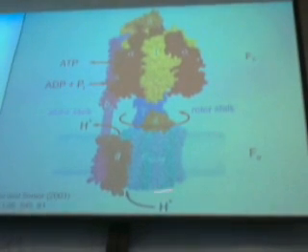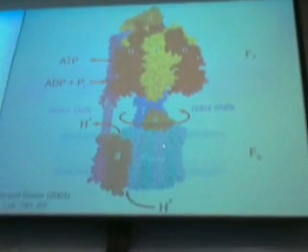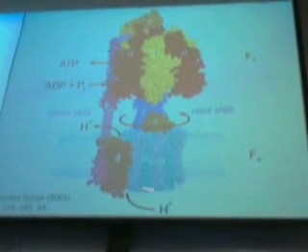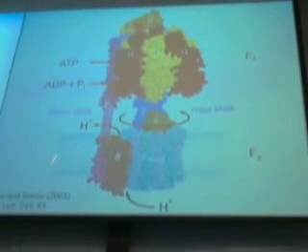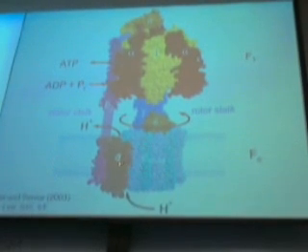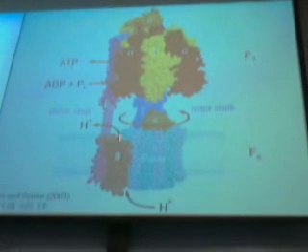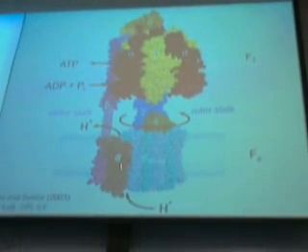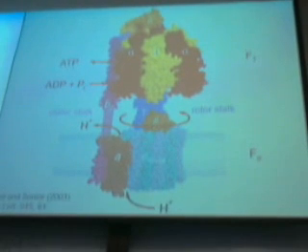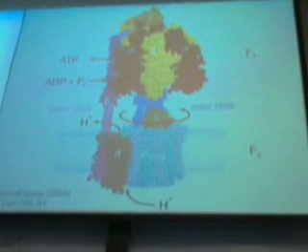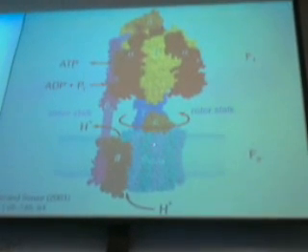It is composed of two parts that can actually be separated from one another. The FO part is the part which is in the mitochondrial membrane, as you can see here. It is composed minimally of three subunits, an A subunit, a B subunit, and then a variable number of C subunits. That says 10 to 14. We now know that number is 8 to 16. I'll get to that in a minute here.